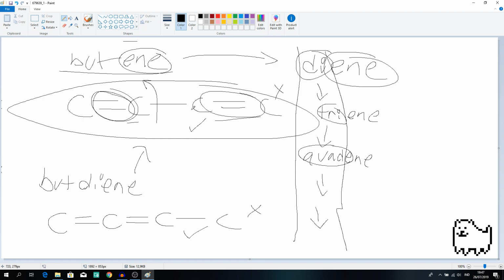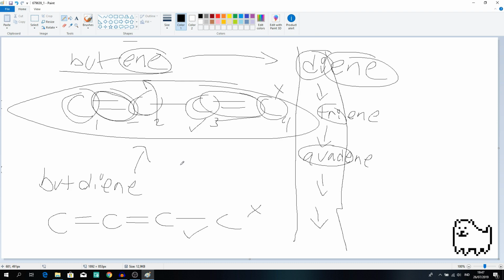So we just do what we've learned before. So carbon numbers, yes. 1, 2, 3, and 4. So carbon 1, carbon 2, carbon 3, carbon 4. I just repeated myself.